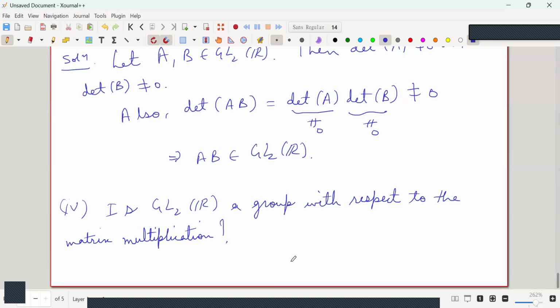So, just think about it for a moment. So we have already shown that it's a binary operation.